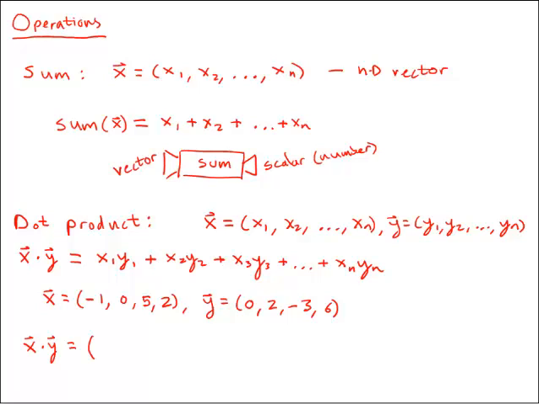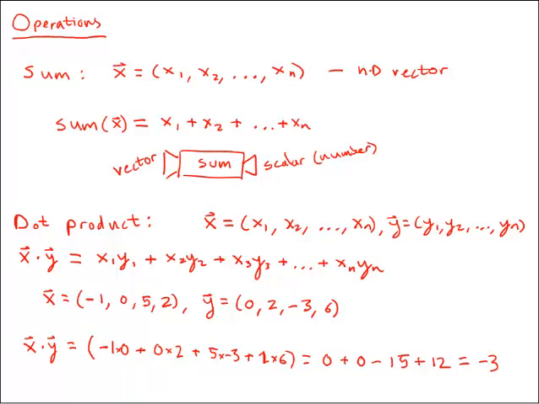Let's start with the first element: -1 times 0, 0 times 2, then 5 times -3, added to 2 times 6. Did I do that right? I think so. So what does that look like? 0 plus 0 minus 15 plus 12 equals -3. Not too hard, right? Hopefully that made sense.